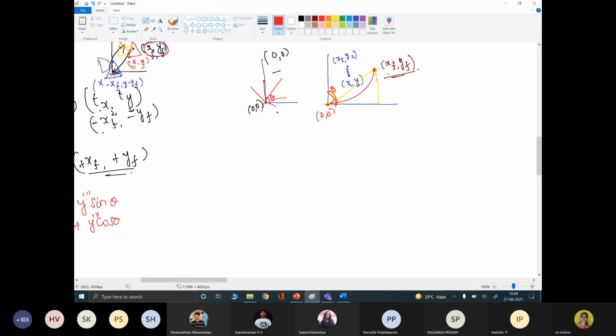Clear? So when you move this fixed point to the origin, what will happen to the object?